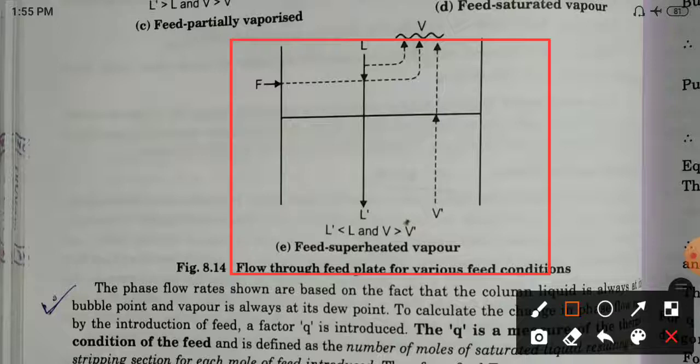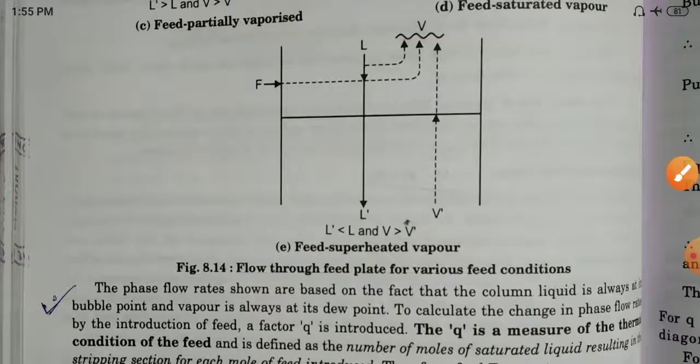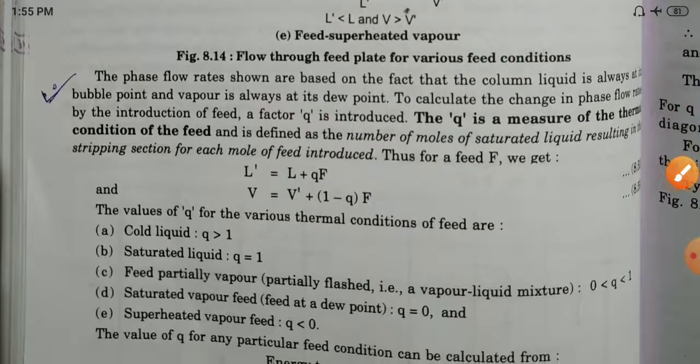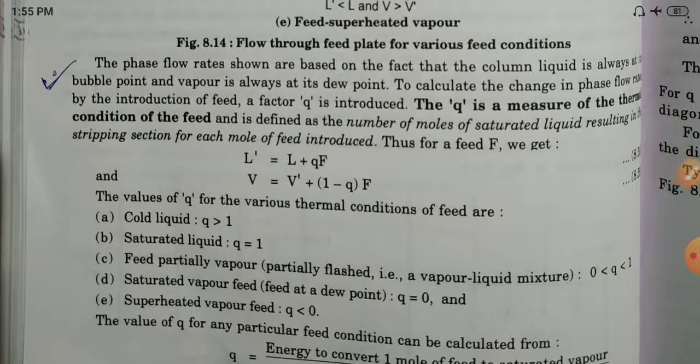Okay, the five points in this are over. In the phase flow rate, the Q lines, which we will see in the next lecture. What is a Q line on a graphical basis? It is an important theory.